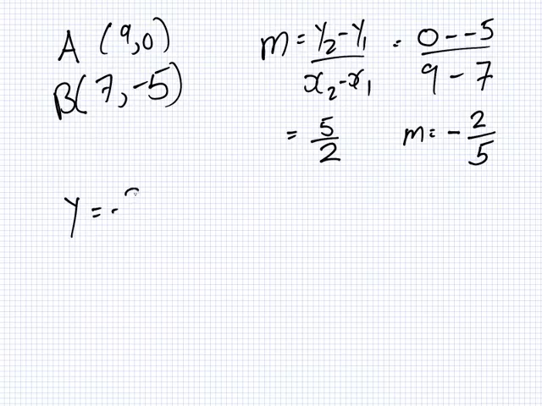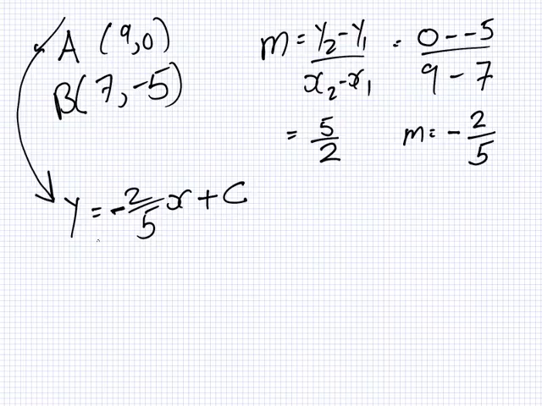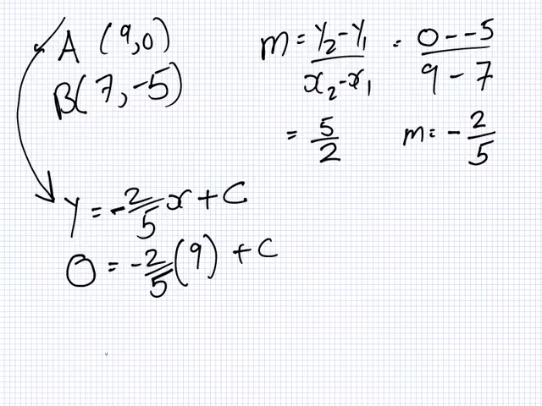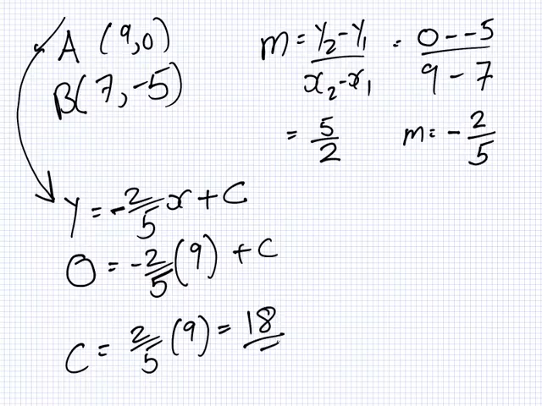Y equals mx plus c. Which do we use, A or B? Can we use B? No, we must use A. 0 equals minus 2 over 5 multiply 9 plus c. C equals 2 over 5 multiply 9. What's that? 18 over 5.